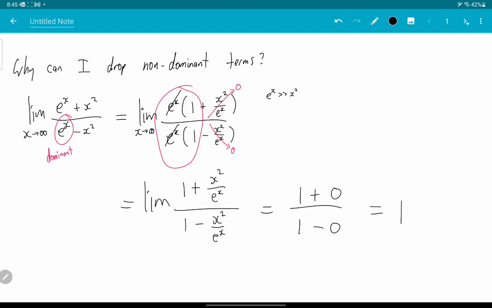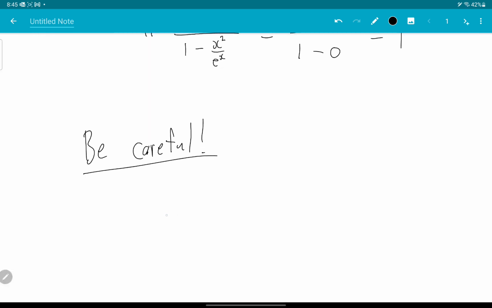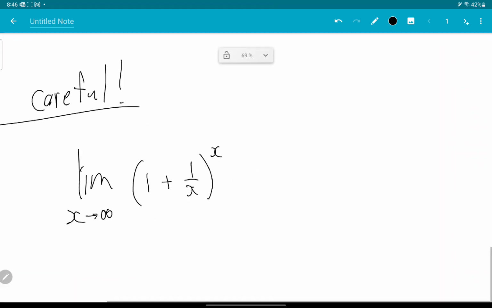You've got to be a bit careful. There are cases where it just does not work. So I'll give you an example. If I have this particular limit, this one's a bit more delicate.